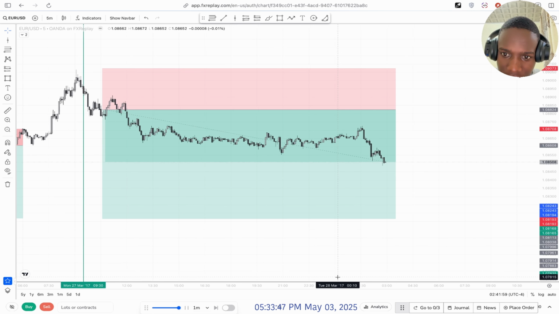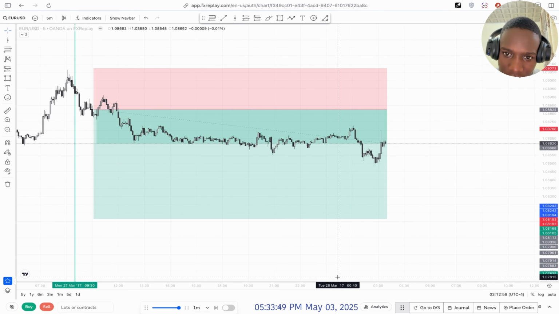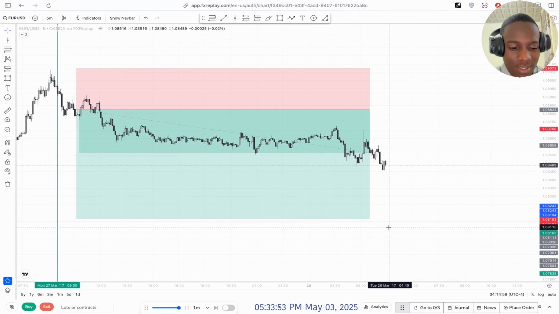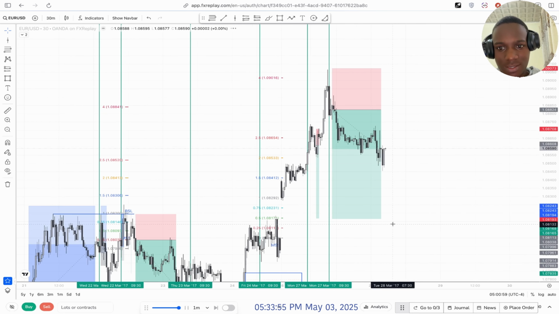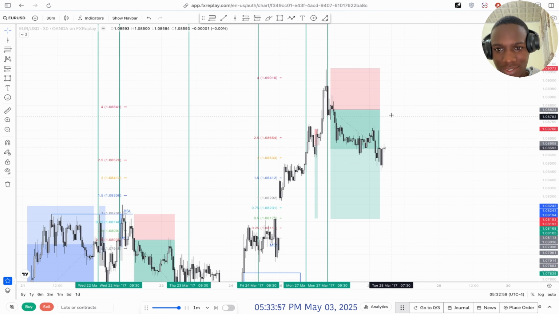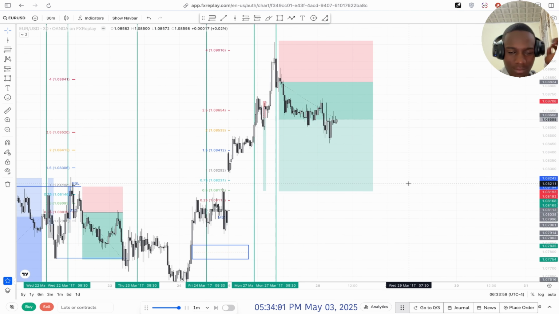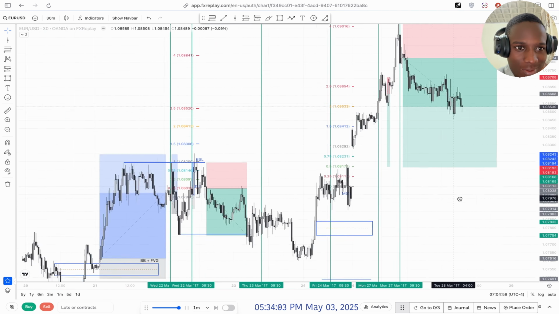It drops. Then it goes higher again. It's been a day already, man. Look at this range again right here. Doesn't want to drop still, which it has to.